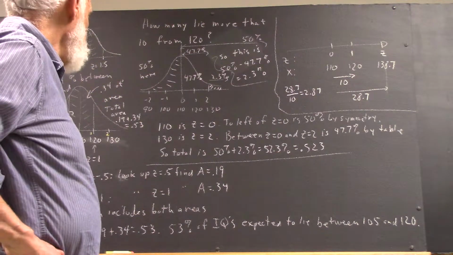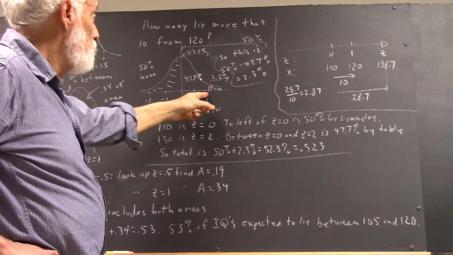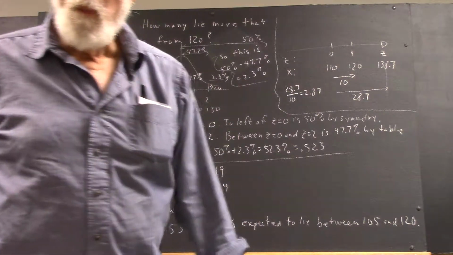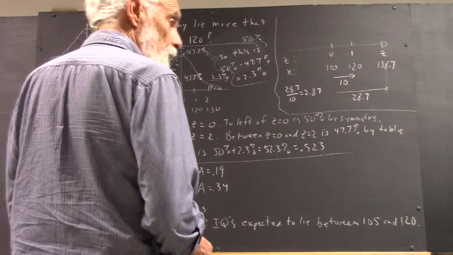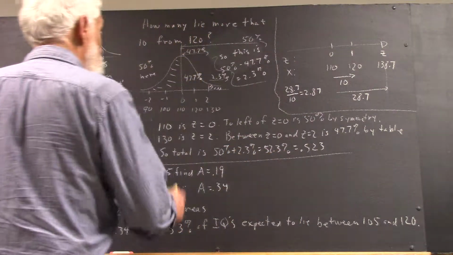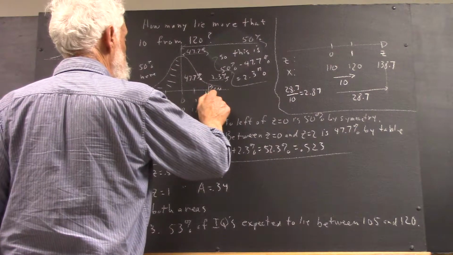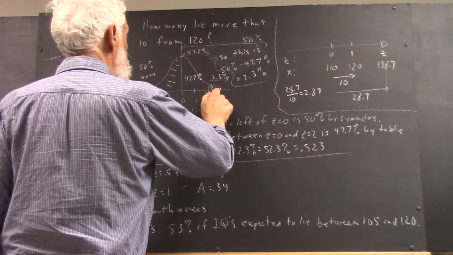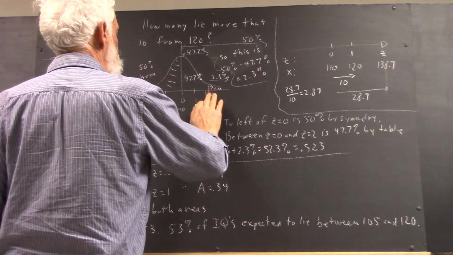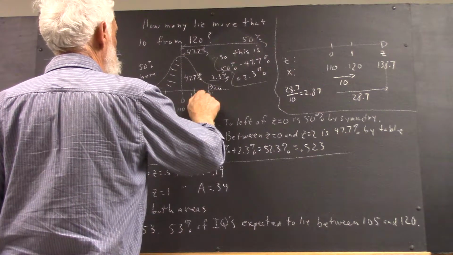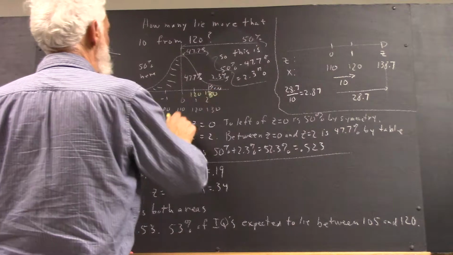Well, 120 is here at z equals 1, and I didn't label that very clearly because I walked around the room and everybody had it. But here's 120. Here's 130.